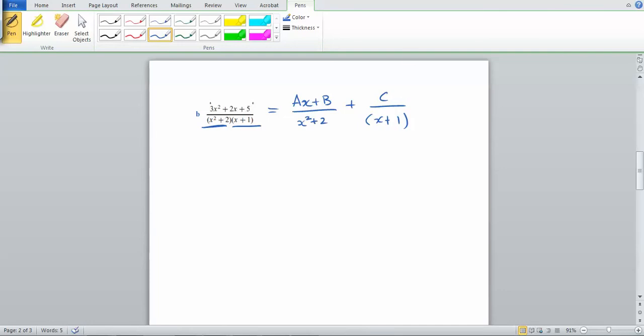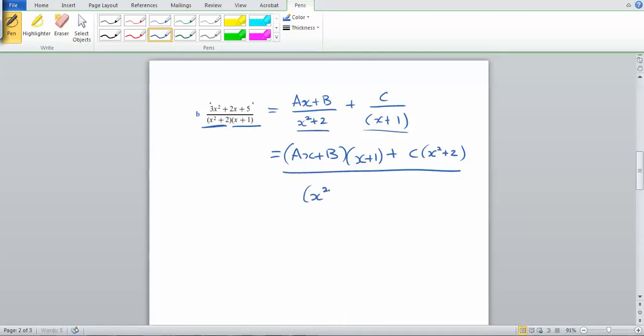Okay, so we have that. What we need to do now is multiply ax plus b by x plus 1, and this c we need to multiply by x squared plus 2. And so basically therefore we can have that as part of one fraction.